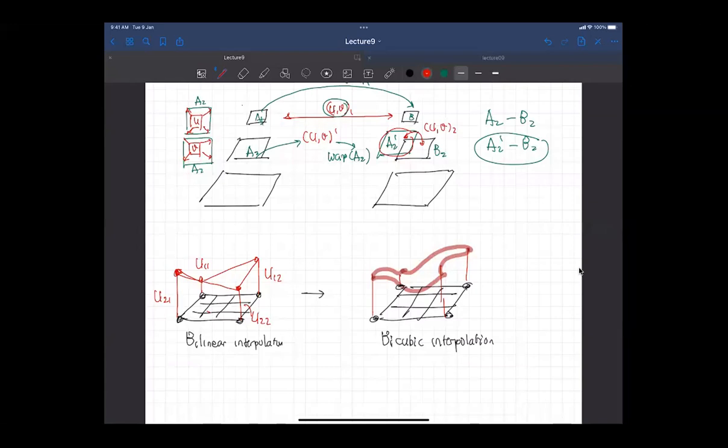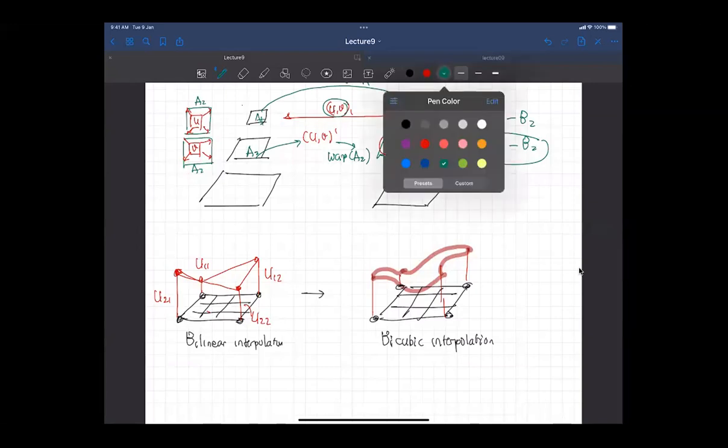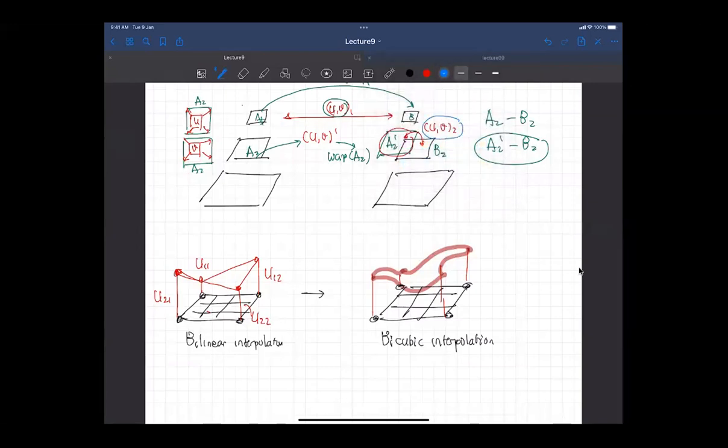Okay? And you repeat this process. You use UV2 to interpolate. You enlarge this UV2, so you get UV2 prime.